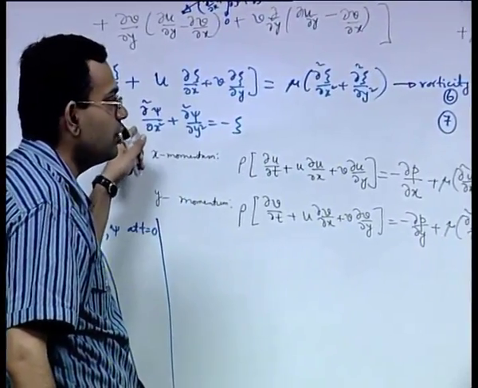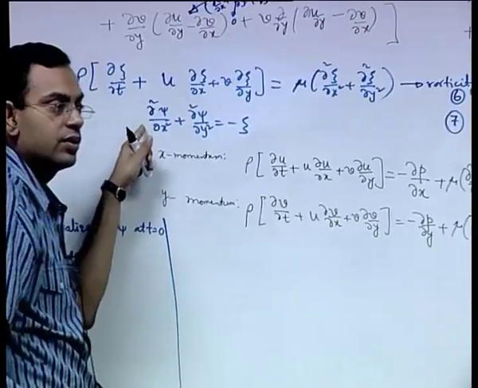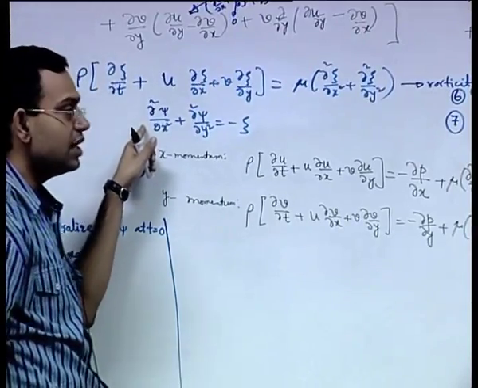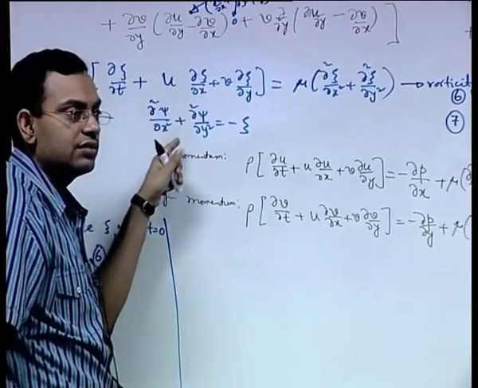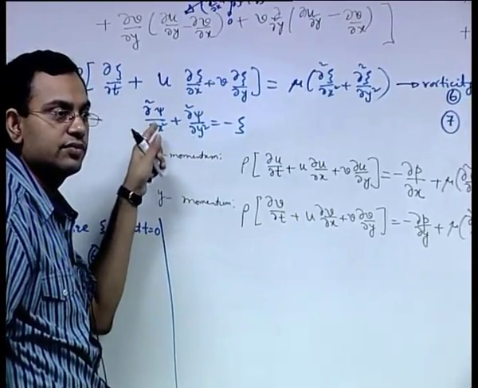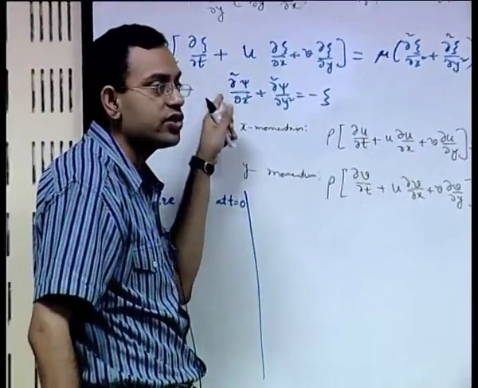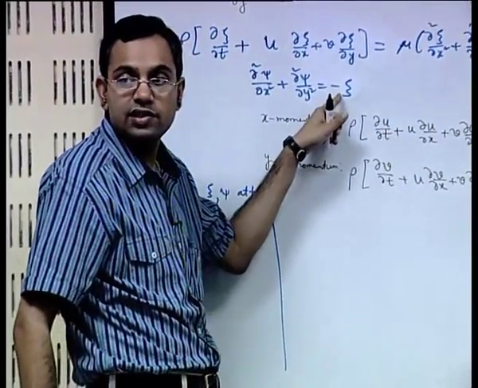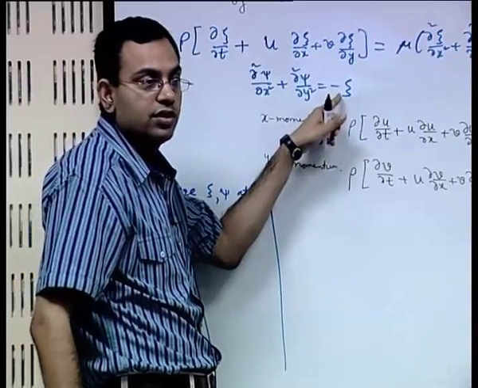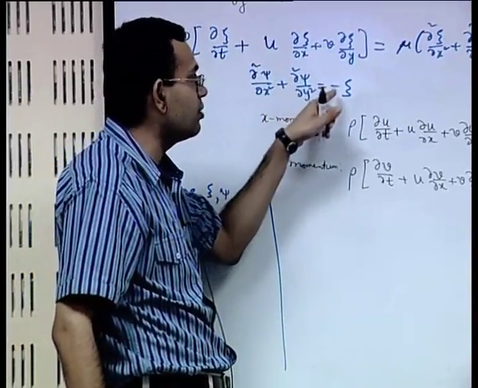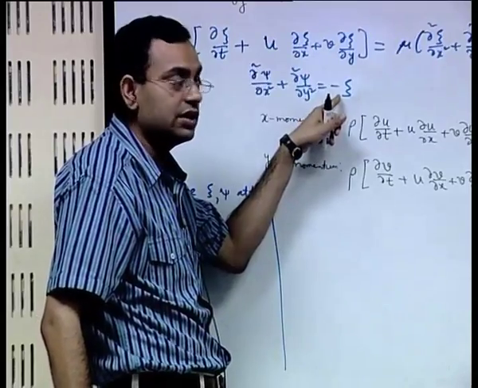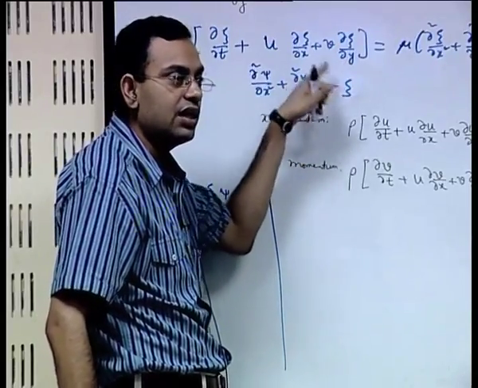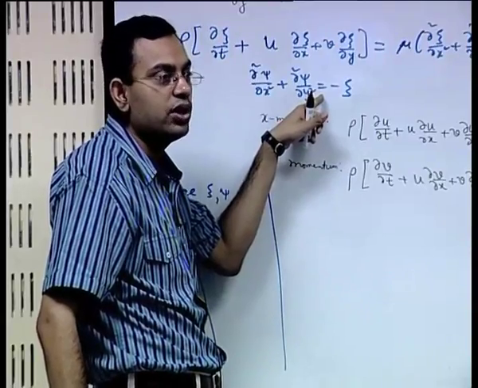Now, you can solve equation 7. What is the nature of the equation 7? What type of equation is this? This is the Poisson equation. If the right hand side is 0, that is called as Laplace equation. So, if it was ∇²ψ equal to 0, that would have been the Laplace equation. Here it is not 0, there is something in the right hand side. So, that is called as a Poisson equation.